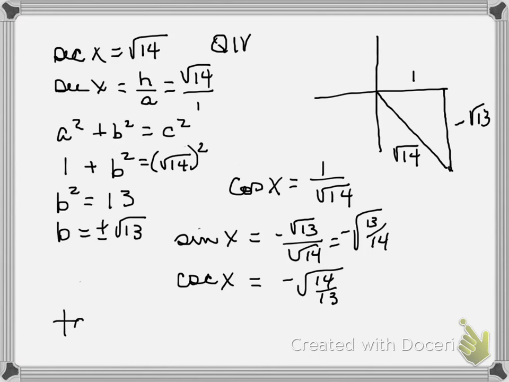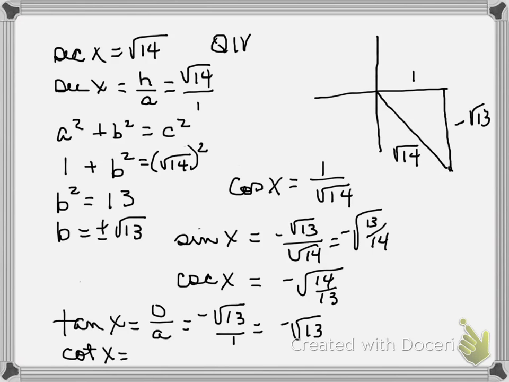Tangent will be the opposite over adjacent, which is negative square root of 13 over 1, or just negative square root of 13. And then the cotangent will be its reciprocal, so negative 1 over square root of 13.